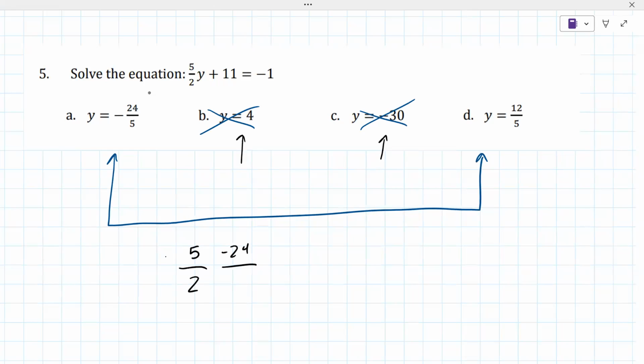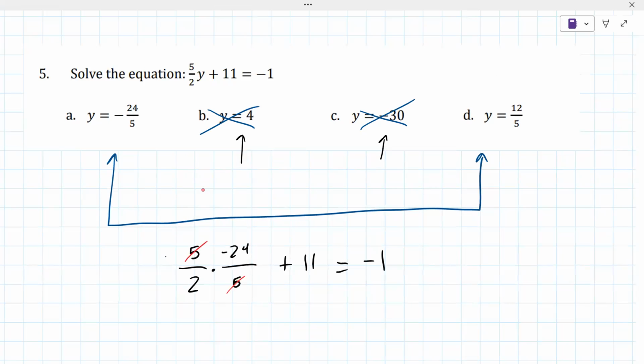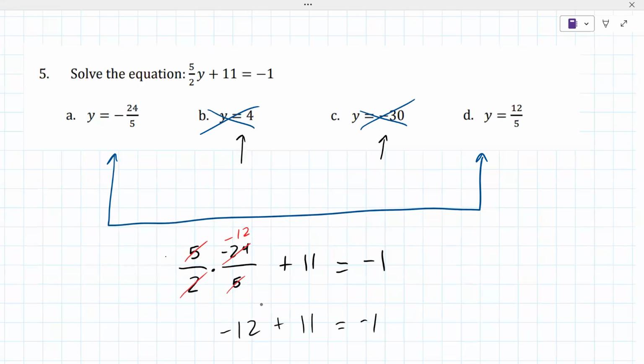So you could also try the answers, but if you don't reduce them correctly, that's just as bad. If you pre-reduce here, the 5 and the 5 go away, that becomes -12. Is -12 plus 11 -1? Yes. Right.